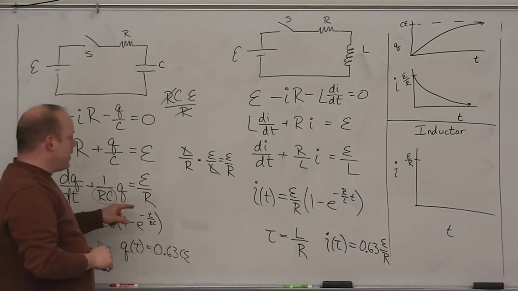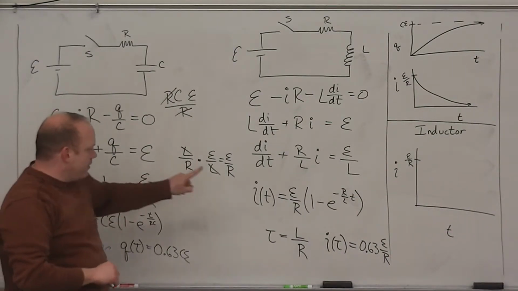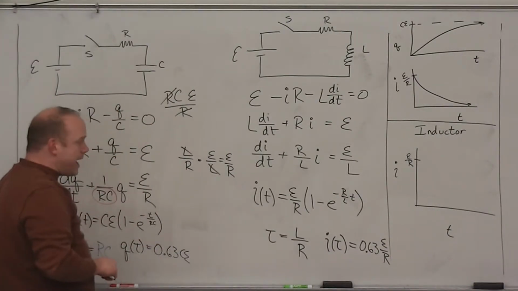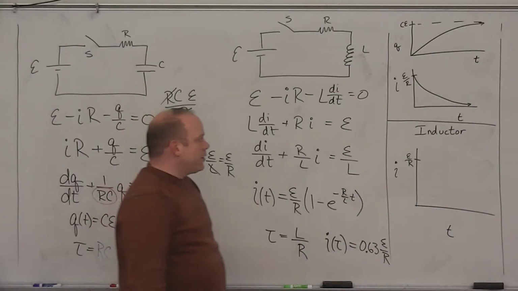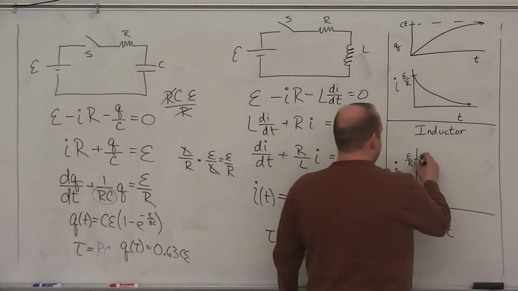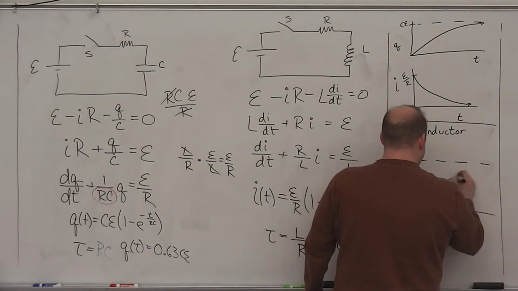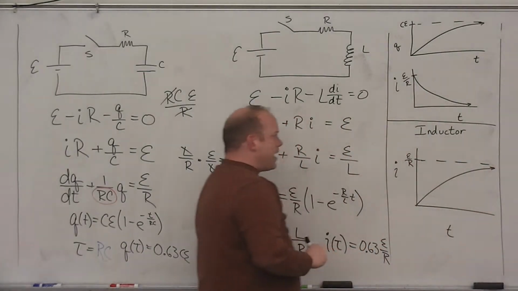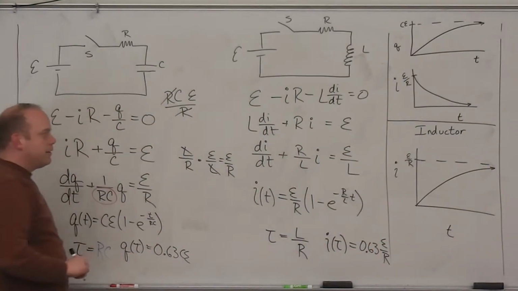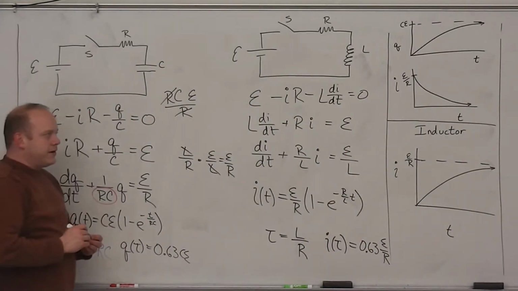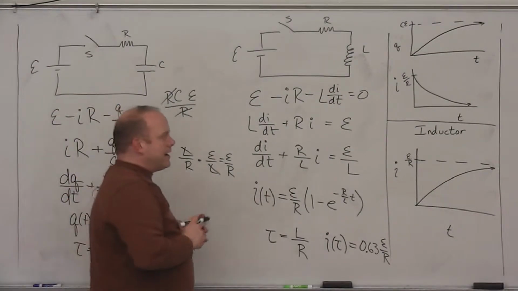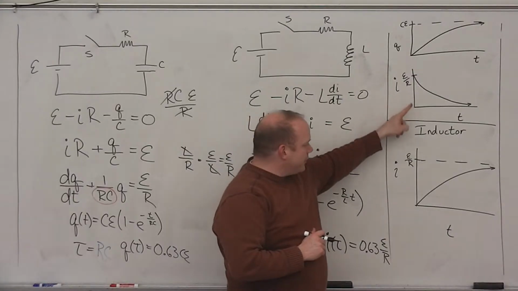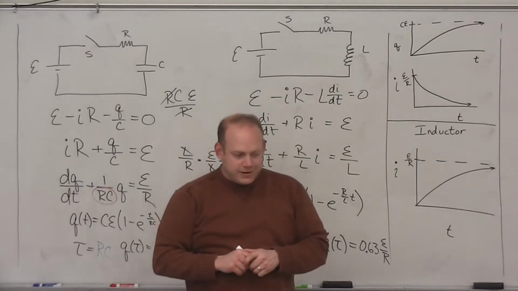Now, here's the thing. This and this, charge for a capacitor, current for an inductor, have very similar equations. That is my current through an inductor. Now, let's compare the current from a capacitor to the current through an inductor.